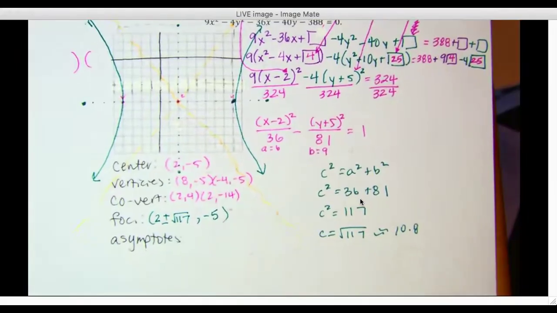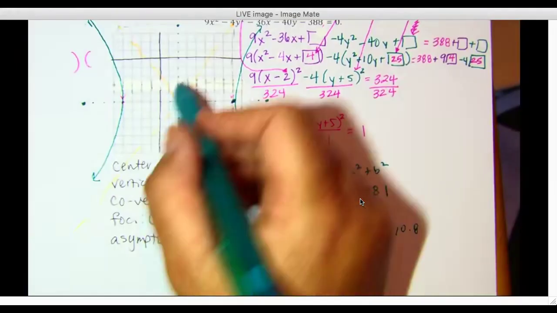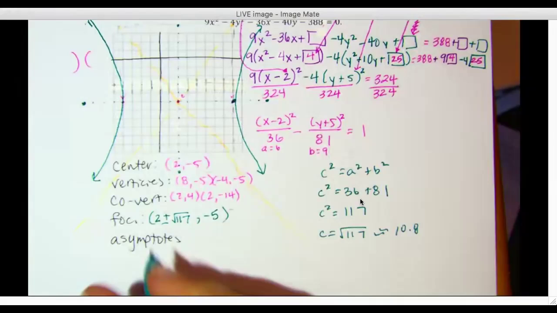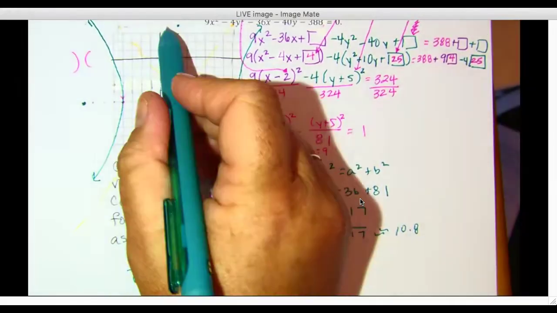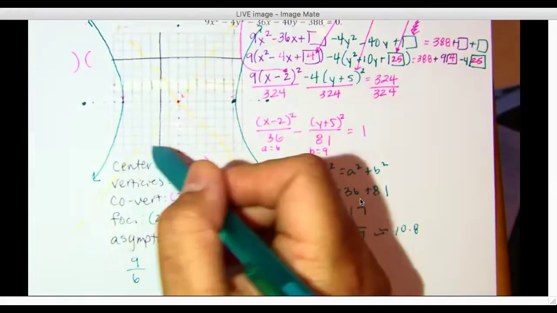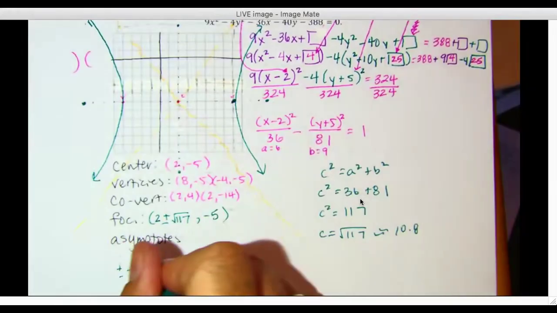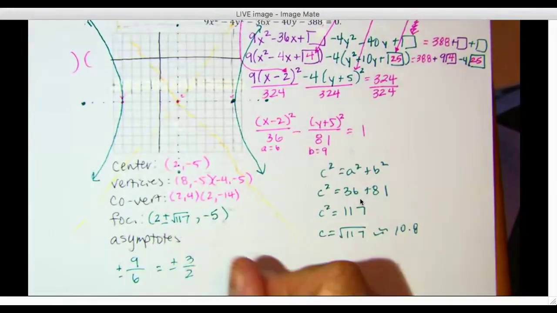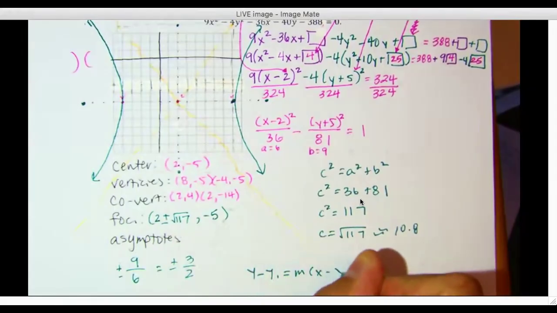And then for our asymptotes, from my center, I'm going up 9 and over 6. So my rise was 9 and my run was 6. And we have both the positive asymptote and the negative asymptote, so plus or minus 3 over 2 when we reduce. And then y minus y1 equals m times x minus x1.